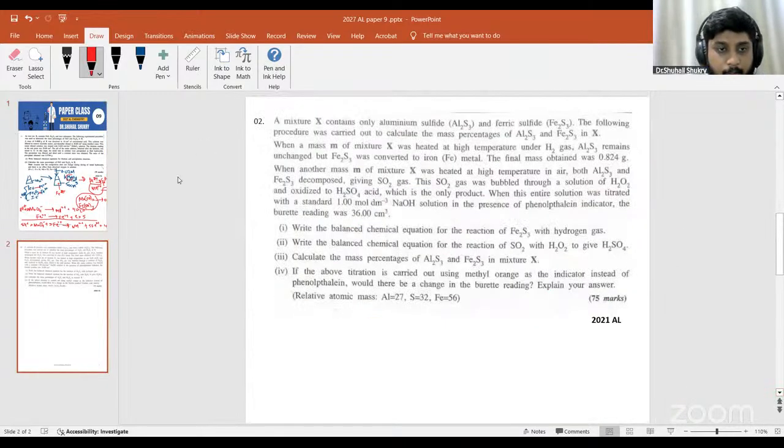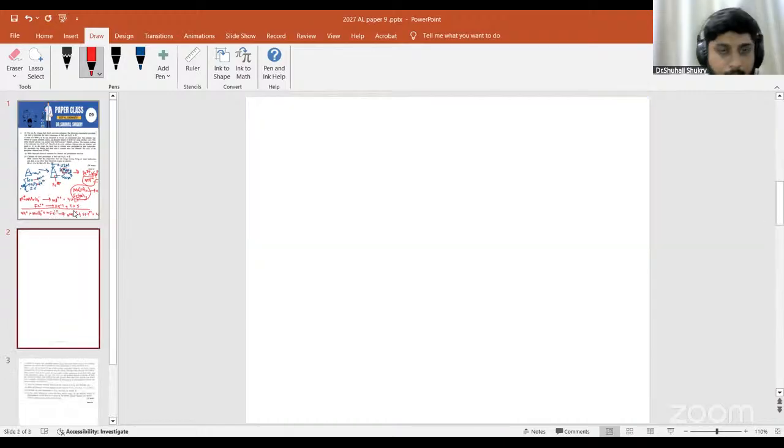Okay. Then if I write another balanced reaction for Fe3 plus and Mn2 plus, those precipitations you can also write here.